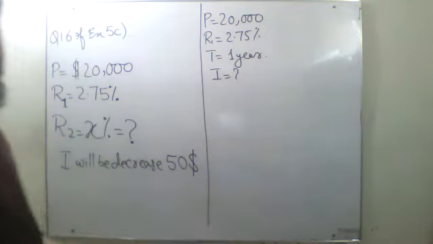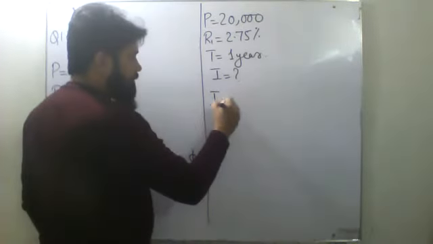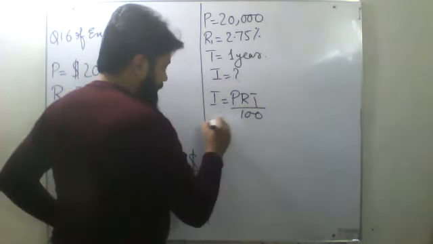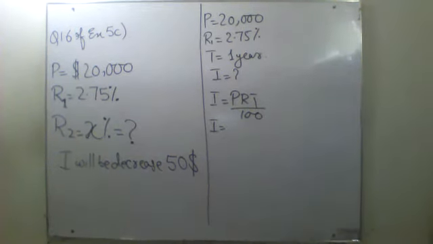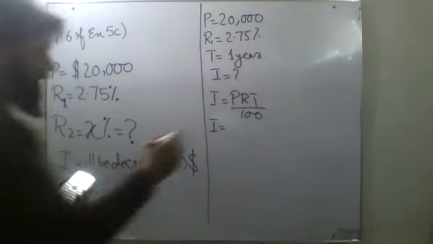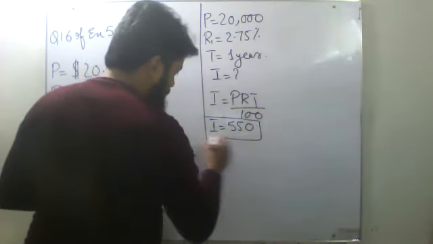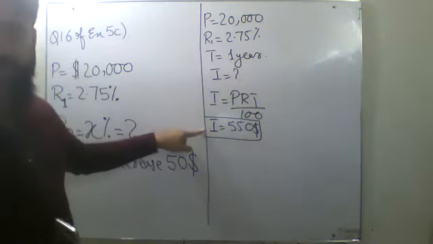The interest formula is I equals PRT over 100. I equals $20,000 multiplied by 2.75 multiplied by 1 divided by 100. My answer for interest is $550. This is the interest amount I am going to get.